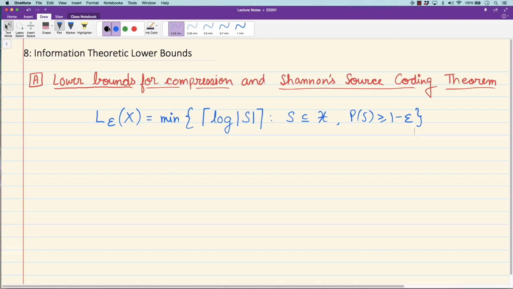So this is some quantity that we wanted to understand, and what we established was an upper bound for it.